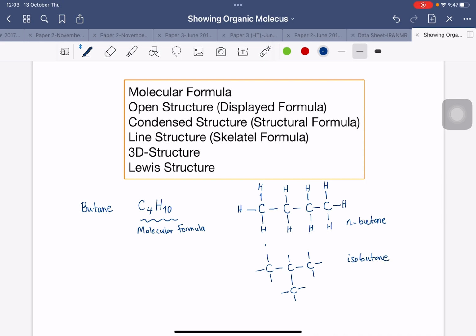Okay, let's put the hydrogen atoms. As you can see, these two structures are open structures of butane.